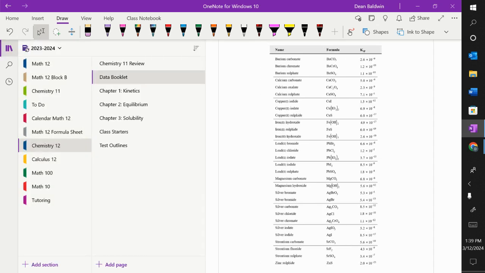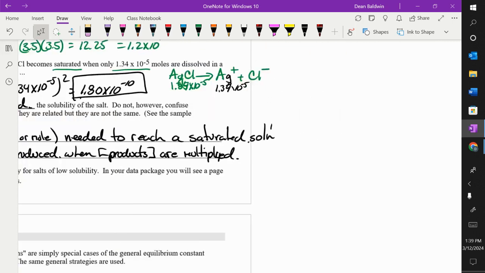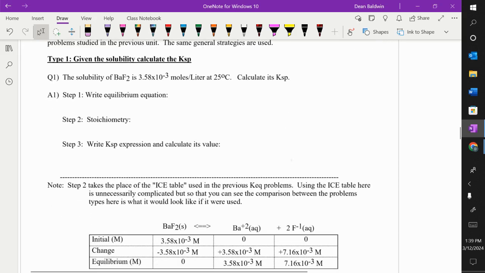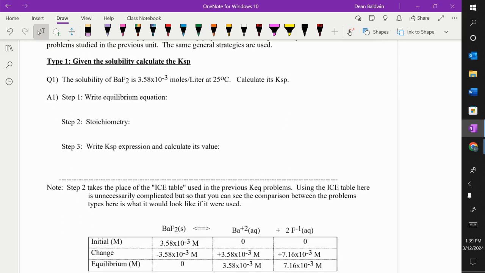We'll do one calculation here, and then that'll be it for today. They tell us the solubility of barium fluoride is 3.5 times 10 to the minus 3 moles per liter at 25 degrees. What is the KSP?